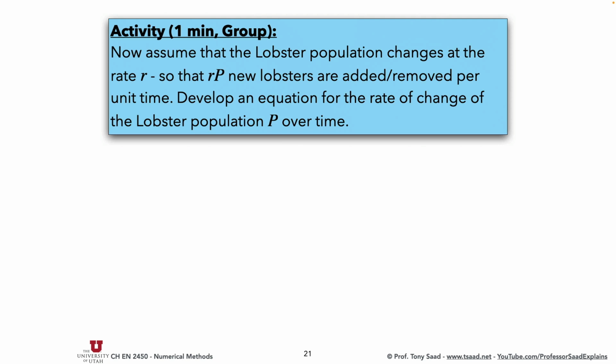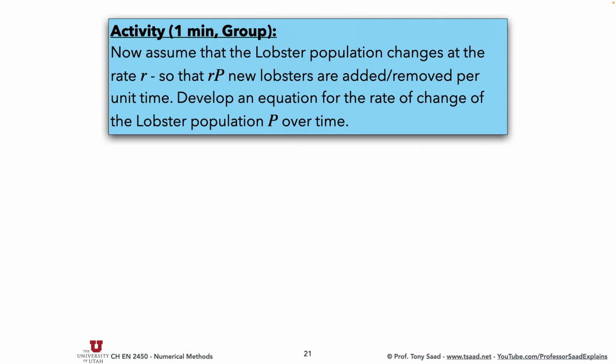Remember, r is the growth rate, but it depends also on the current population size P. So it's r times P. Right? If there's more lobsters, if there's 100 lobsters, you're going to end up with 200. If there's 10, you're going to end up with 20, right? So it's not r, it's r times P. Okay. And you got it.